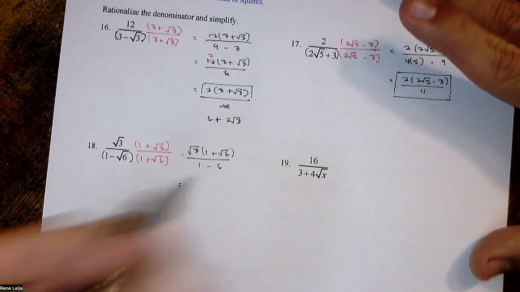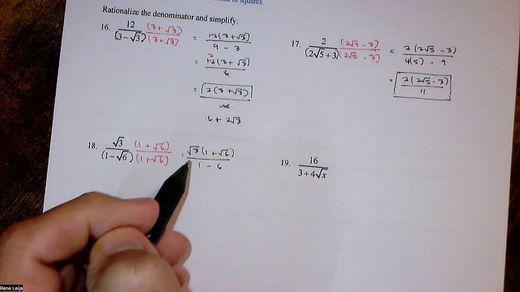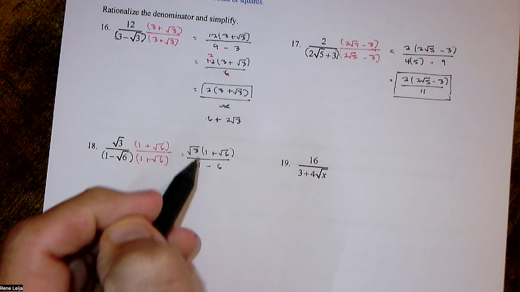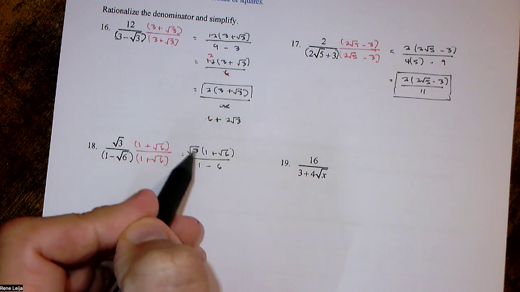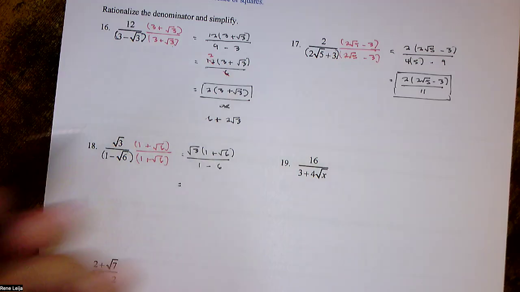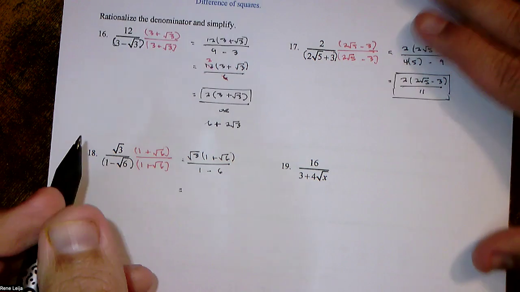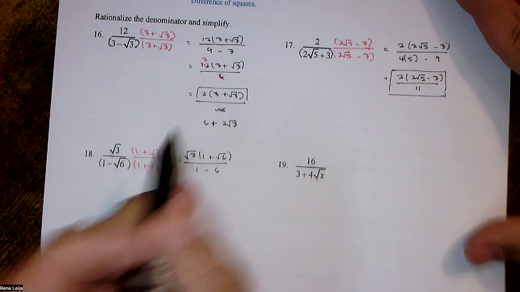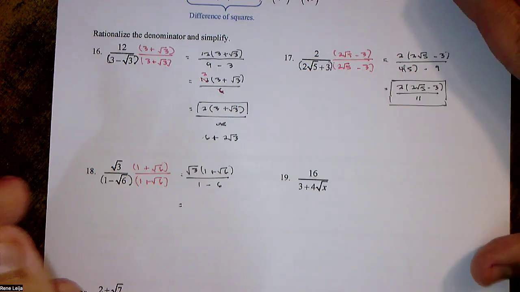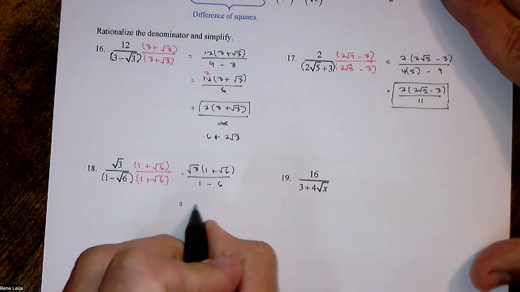So now here I am going to go ahead and distribute, because I notice that when I multiply the root 3 times root 6, that's going to give me root 18, and there's a perfect square inside there. Okay. These other examples, I didn't have two radicals in the top to do that. But here I'm going to go ahead and do that.